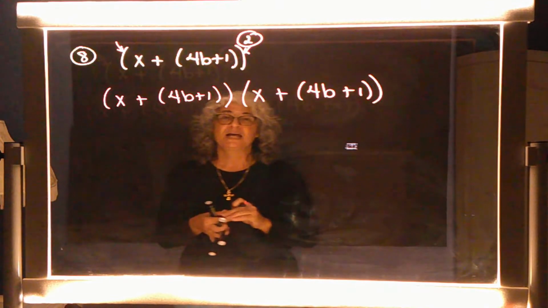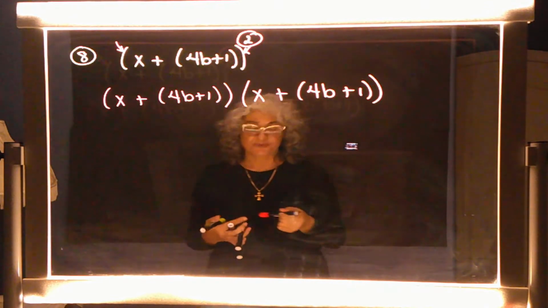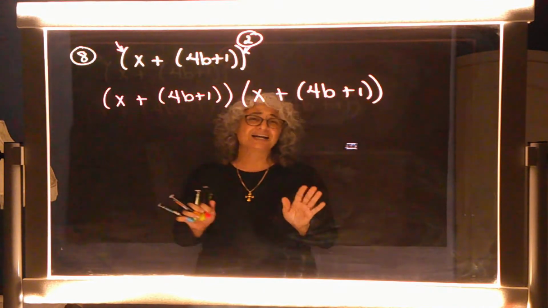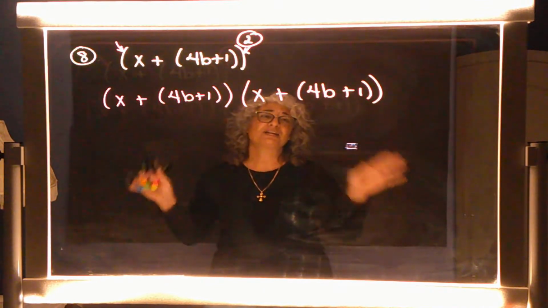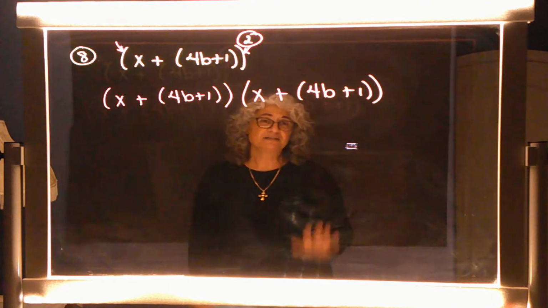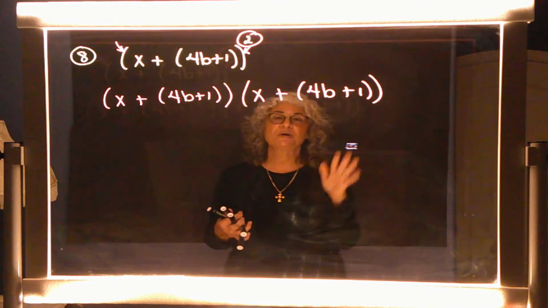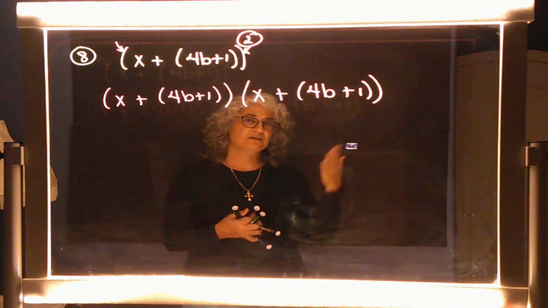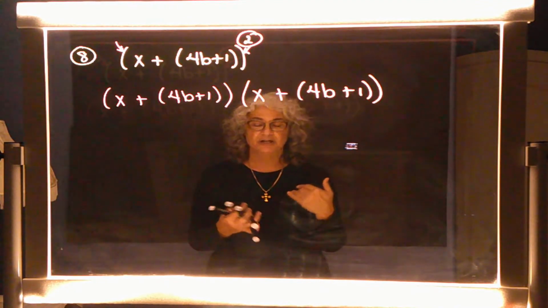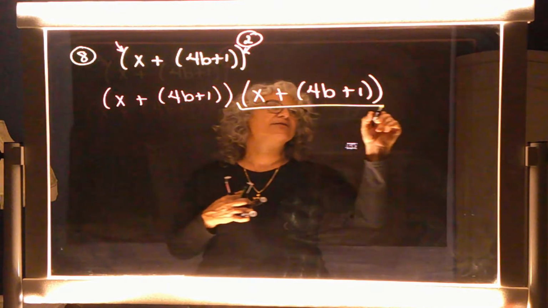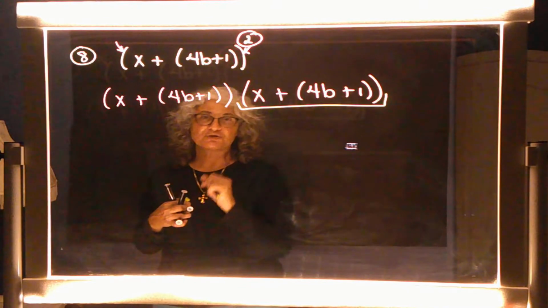Okay. Now, I want to be honest with you. From here, there's like 2 or 3 different ways you could actually go to take care of this distribution. One way I'm going to approach is the way that we were approaching the last few problems. Okay? Here is my second parenthesis, and I technically have 2 terms in front of it.